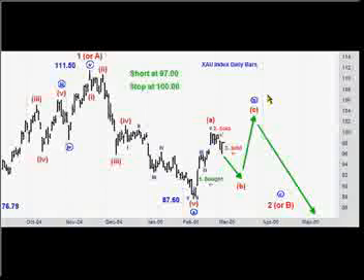Point, if we assume that, and I subtract that 20 points from 102.5, that puts us down here at like 82.5.